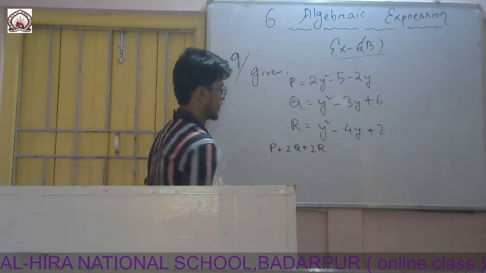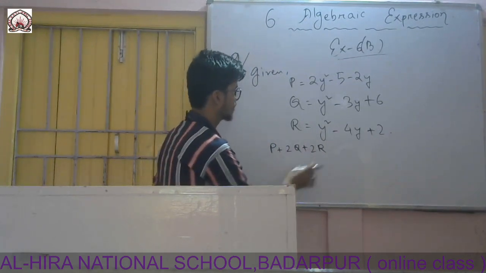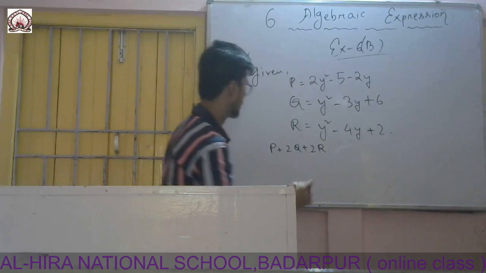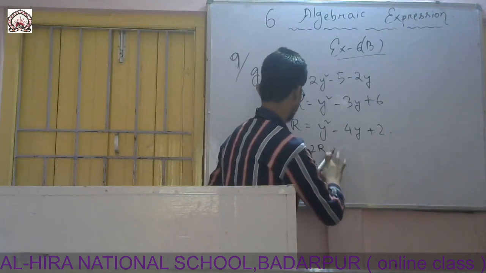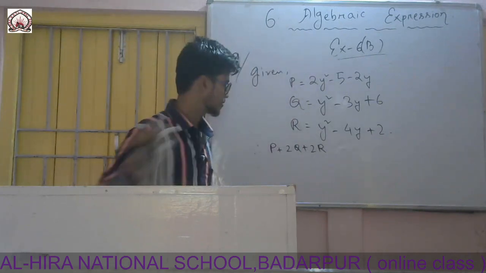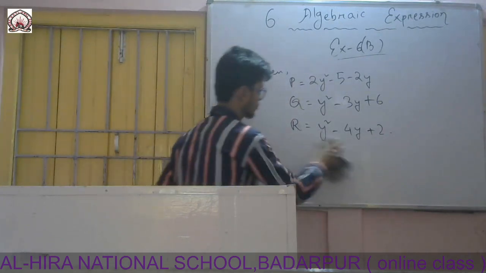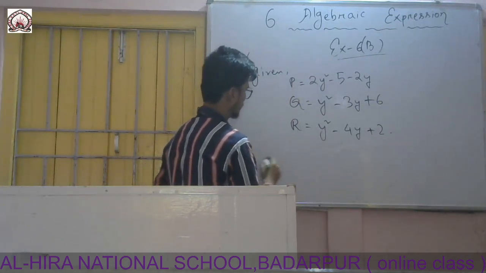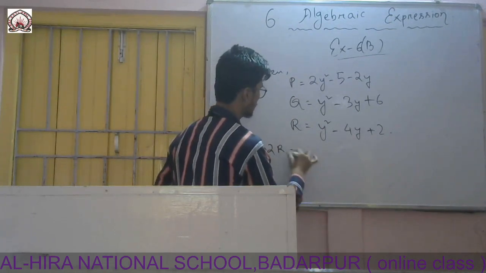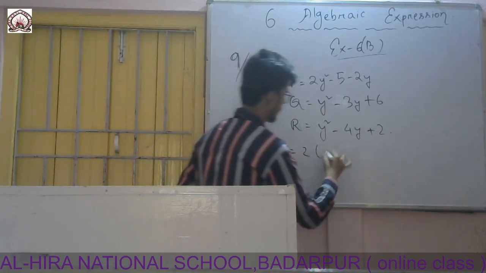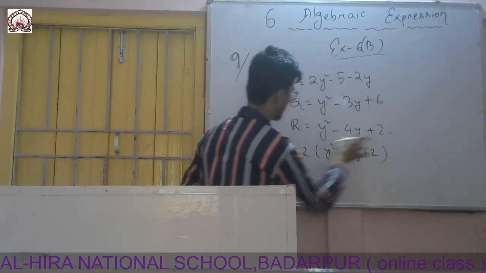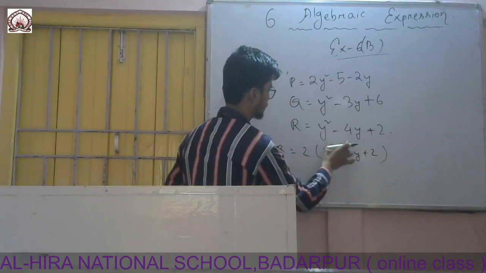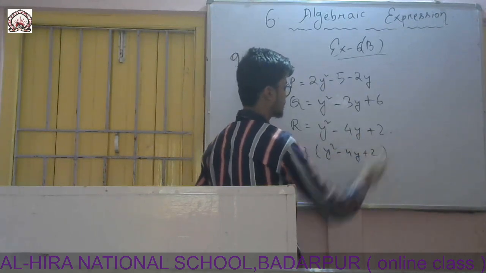First of all, let us find the value of 2Q and 2R. 2R will be 2 into R, where R is y square minus 4y plus 2.